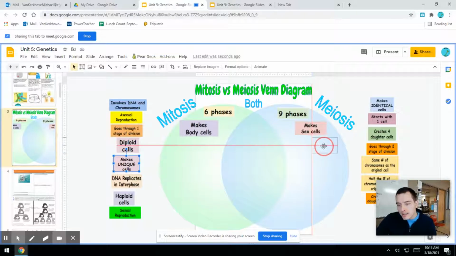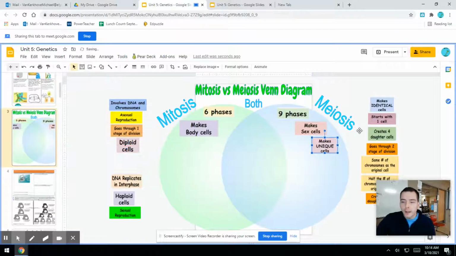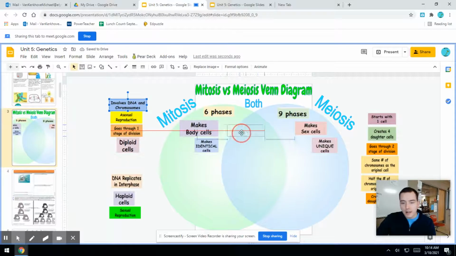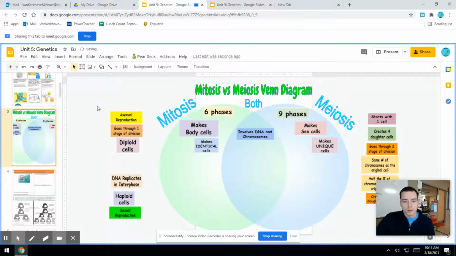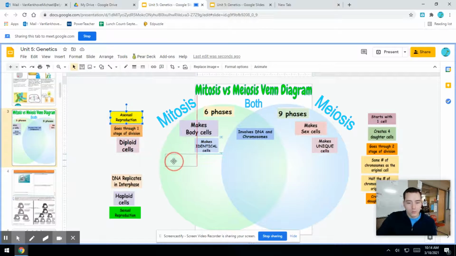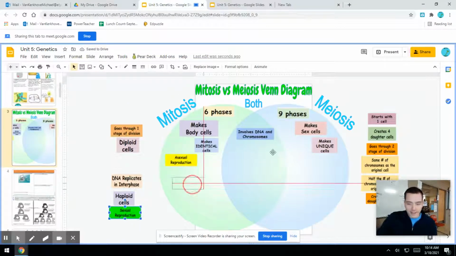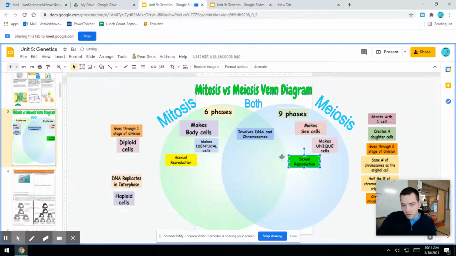Meiosis makes unique cells, and mitosis makes identical cells. They both involve DNA and chromosomes. Mitosis is made through asexual reproduction, while meiosis is made with sexual reproduction. The DNA replicates in interphase.